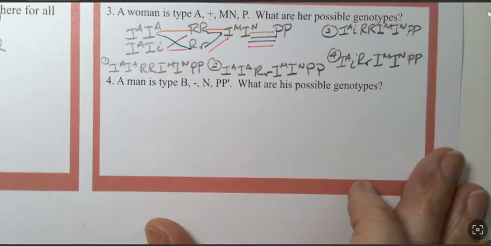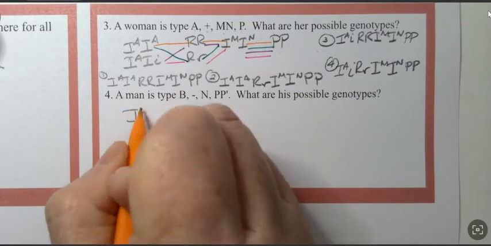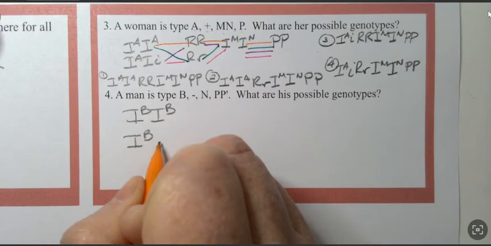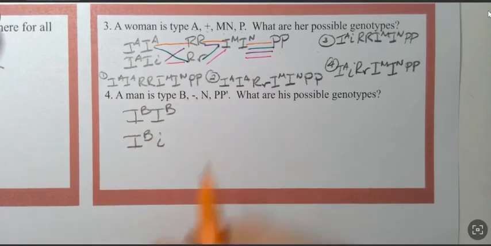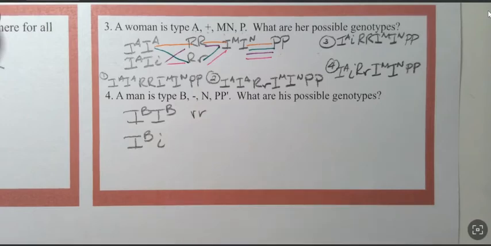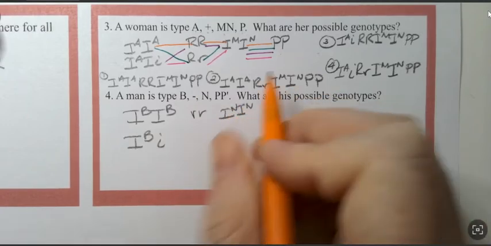Next, it says a man is B, so that means I could be either of these. Negative. Now, there was only one way to be negative. N and P, P prime.